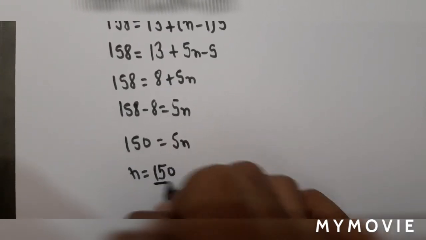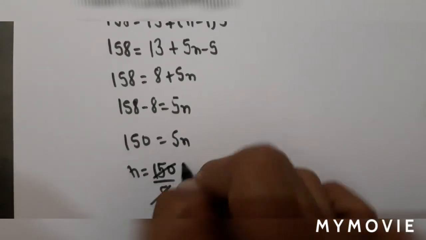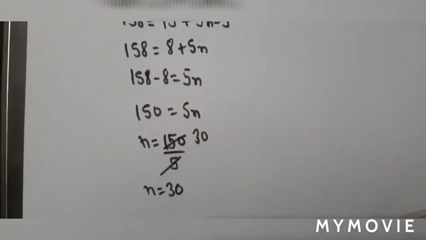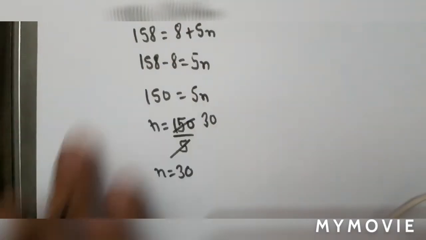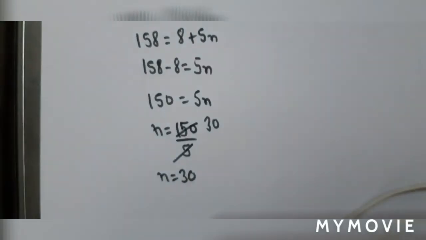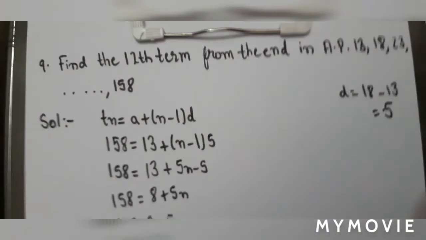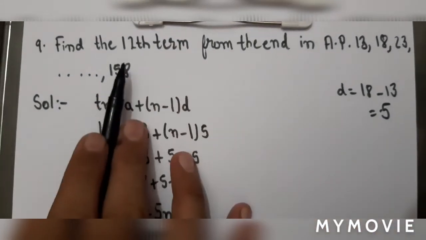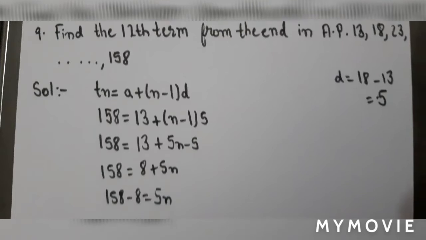So 150 by 5, we'll get n as 30. So there are 30 elements between 13 and 158. So we got n as 30.